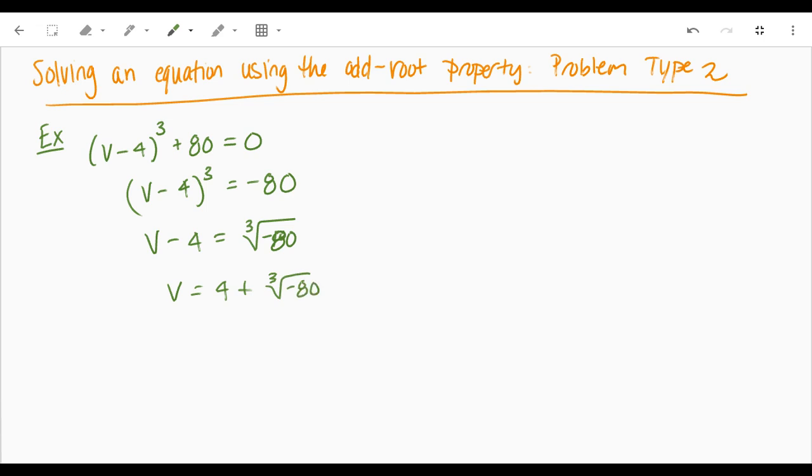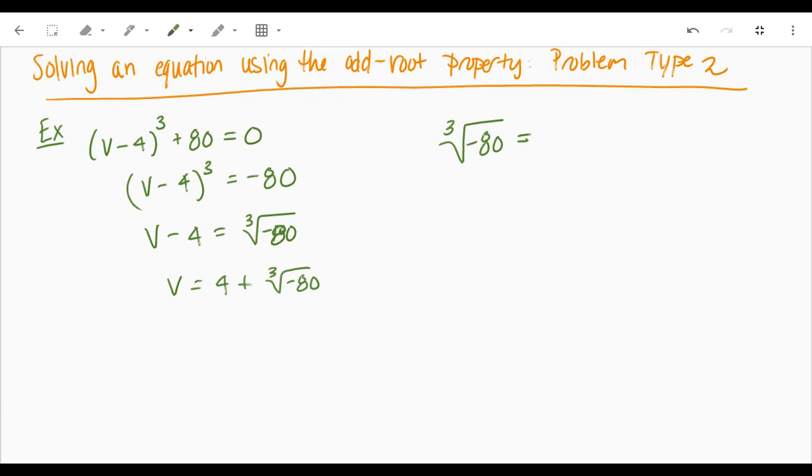Now, the only thing is that you have to try to simplify that cube root if you can. Otherwise that would be your final answer. But remember, if we want to simplify the cube root of negative 80, we need to figure out a perfect cube that goes into the 80. And they do want you to take it out if it's negative, because remember, you can cube root negatives, you can't square root negatives. So we don't want to leave a negative under the radical.